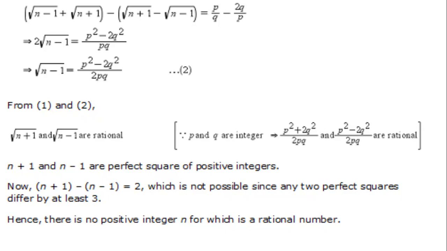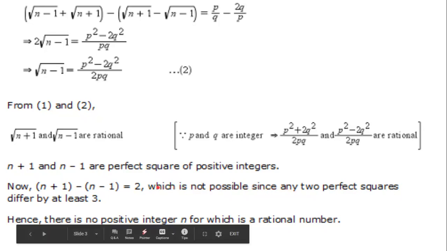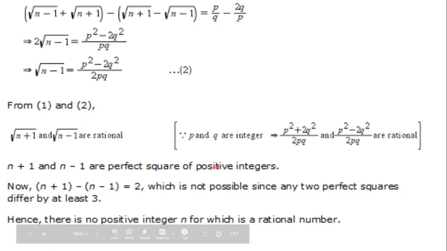You can take any other example. If you have 5 and 6, so 5 square is 25, 6 square is 36, and the difference of the squares is 36 minus 25, that is 11, that is much larger than 3. So here we are having the difference of the squares as 2, that is not possible for any value of n where n is a positive integer.